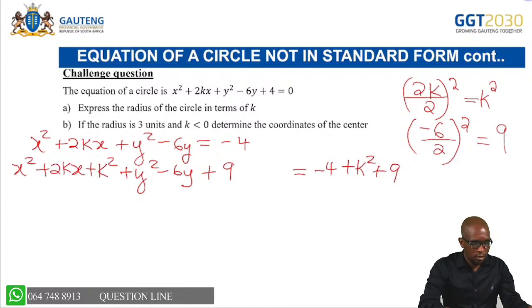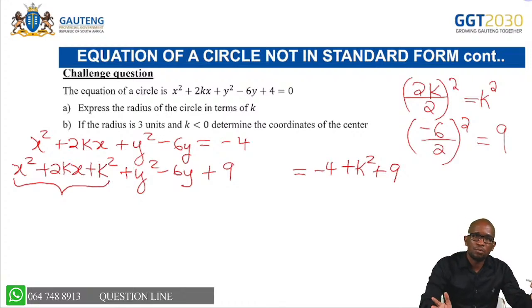Now moving on, we've isolated, we've worked out the factors. Now we need to factorize. We factorize for x. How do we do that? We take the square root of the leading variable x squared, take the sign of the middle term, take the square root of the last variable, in this case k squared.